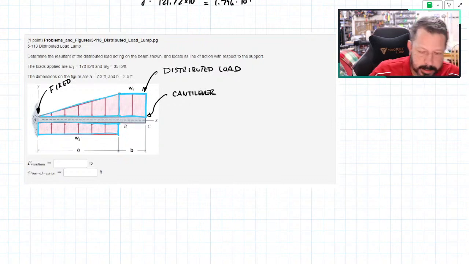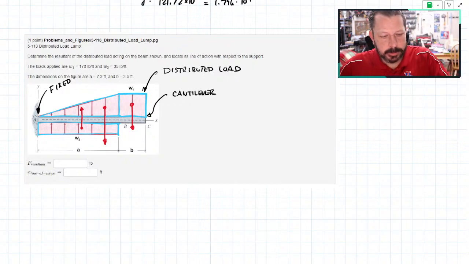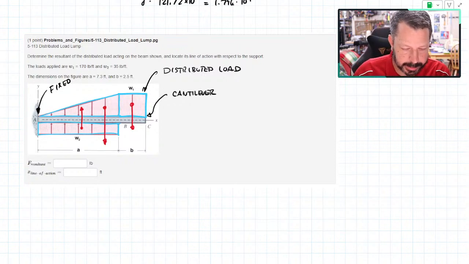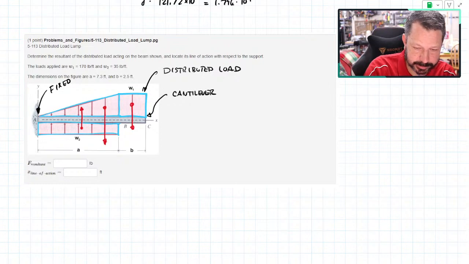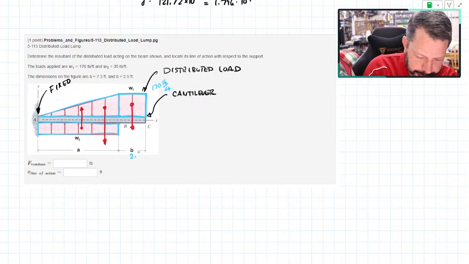And each one of them has a force corresponding to that area, because the area here is actually representing a load that's distributed or spread out. So for instance, the rectangle on top, the one that looks more like a square, has W1 as its height, 170 pounds per foot, and B as its width, 2.5 feet.